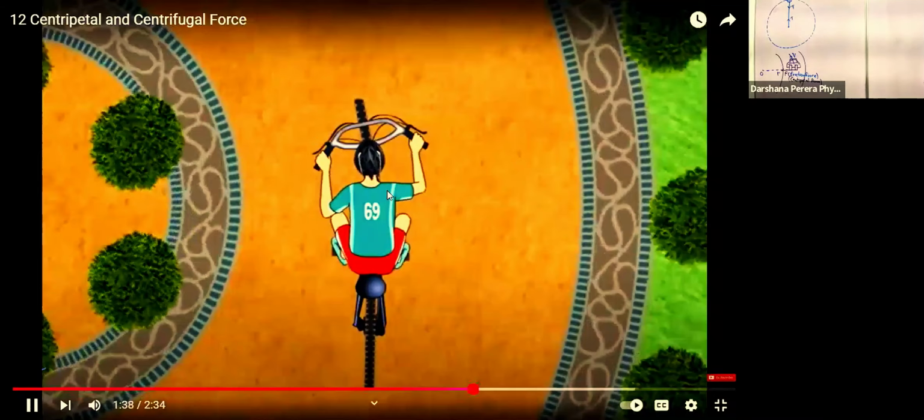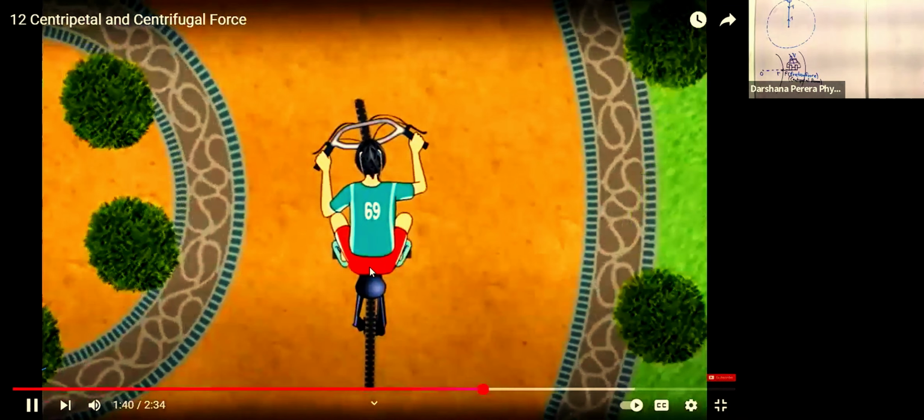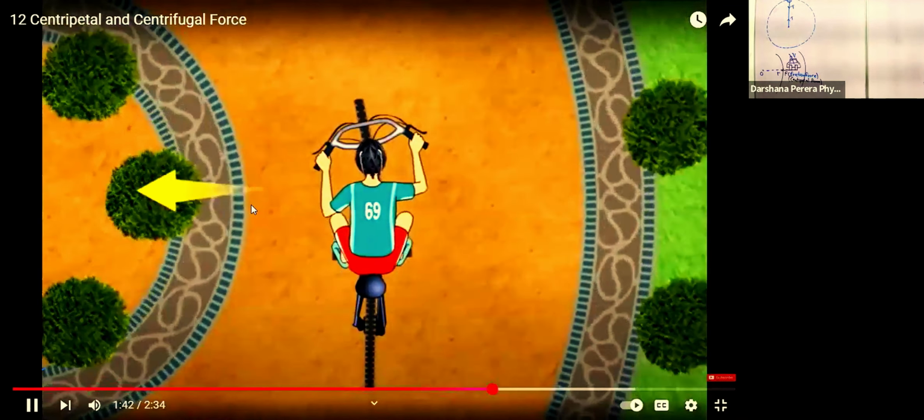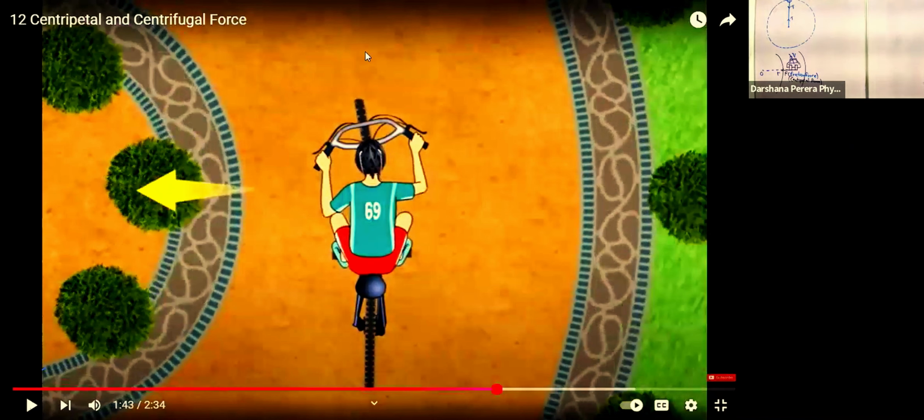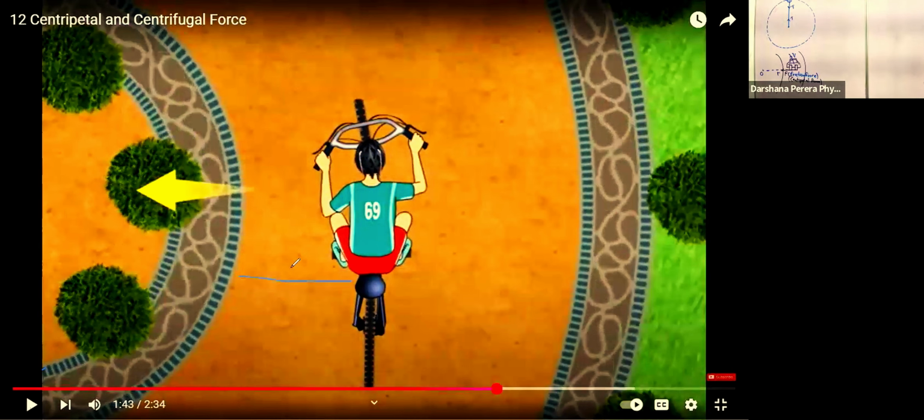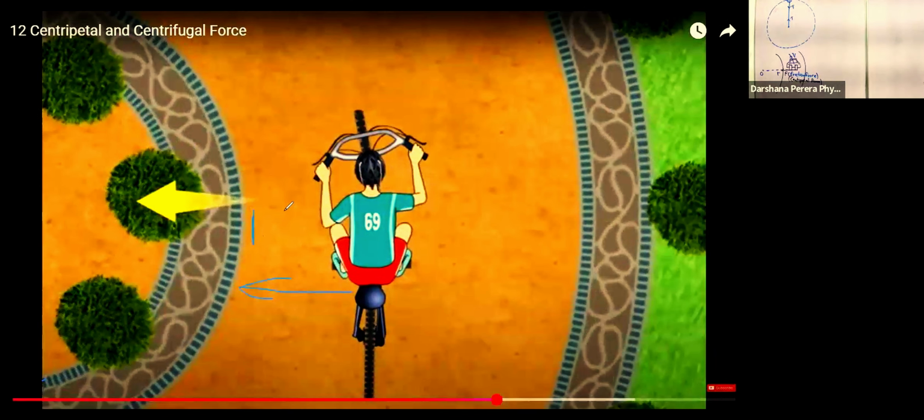What is the centripetal force provided by this? The friction. The friction F equals the centripetal force. Right. Like that. Okay.